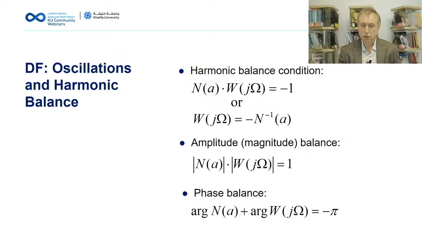I draw your attention especially to the phase balance condition: the phase of the describing function plus the phase of the linear part of the transfer function must give us -pi. Only under those conditions will we have finite frequency oscillations in this system.